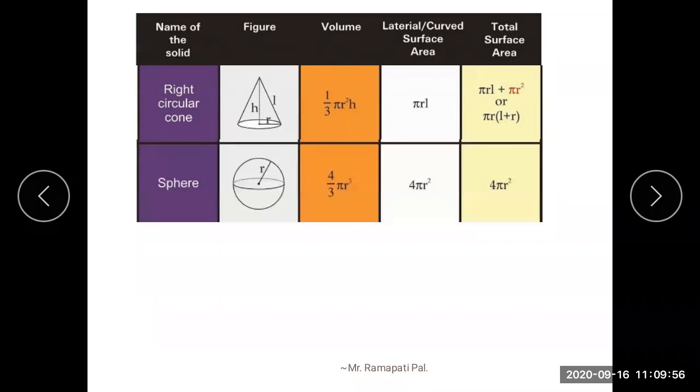To find L, if h and r are given, we use the Pythagoras theorem. Is it clear?